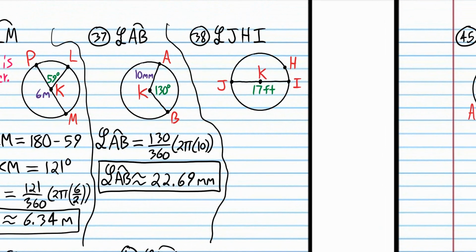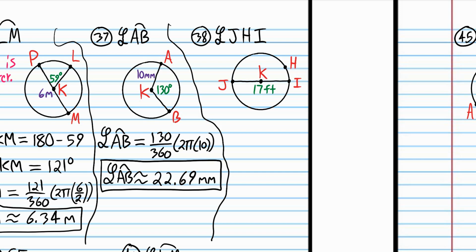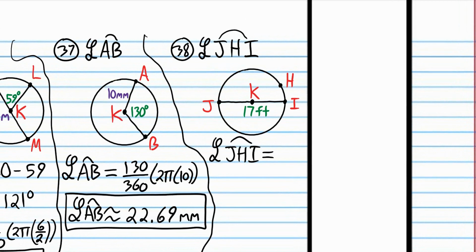All right, we're back. So the length, and whoops, I forgot to put an arc there. The length of arc JHI is equal to, so JHI is this arc here, so we need the central angle. Well, obviously the central angle is just 180. It's a semicircle.